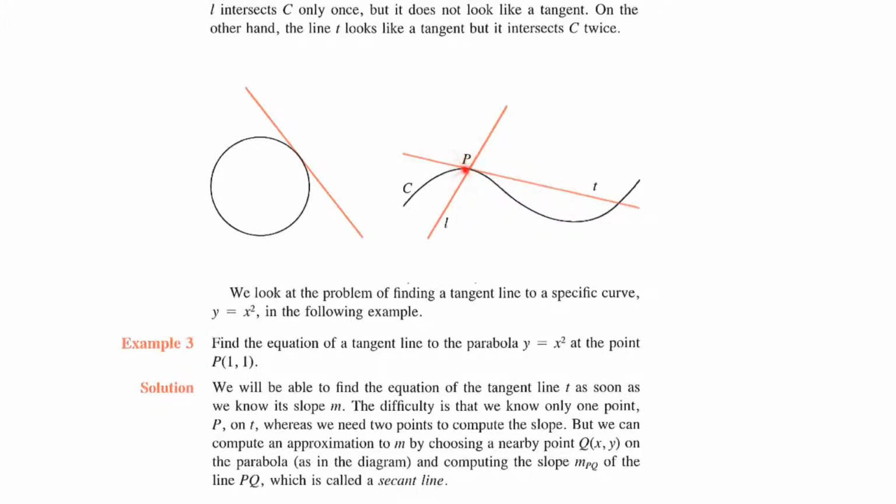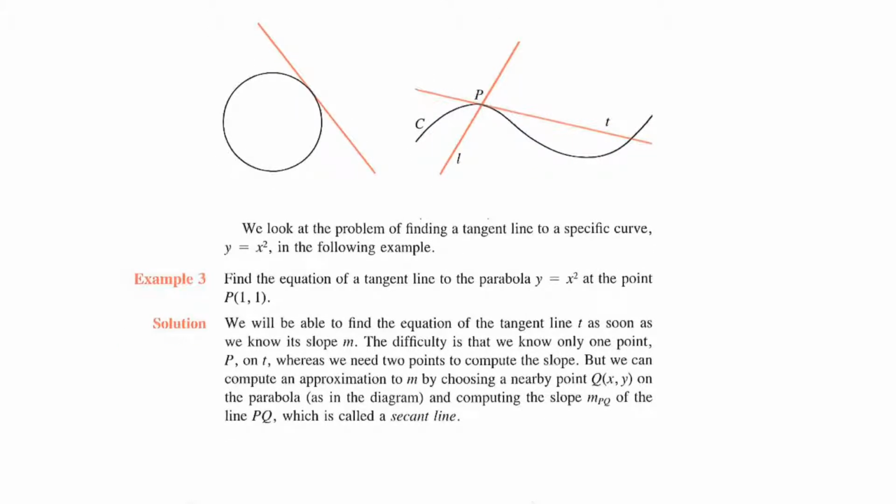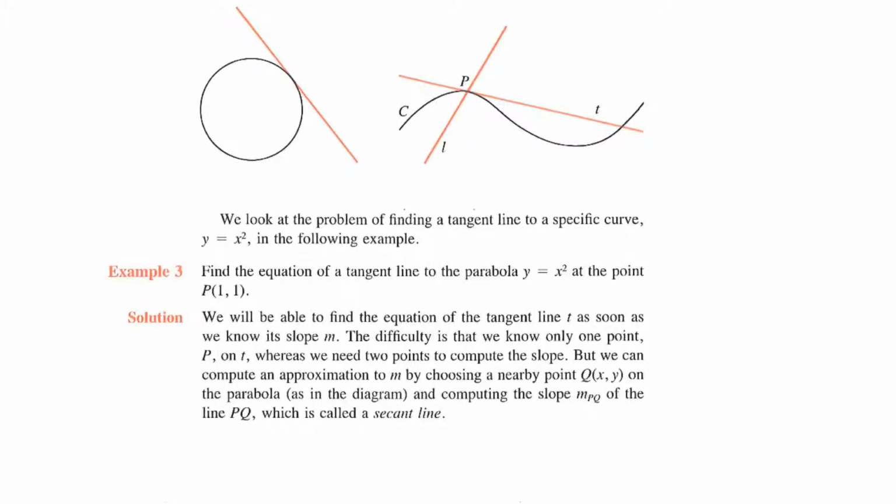The tangent line at a point is a line running parallel to the curve and it's touching the curve at only one point. Example 3, find the equation of a tangent line to the parabola y equals x squared at the point (1, 1).